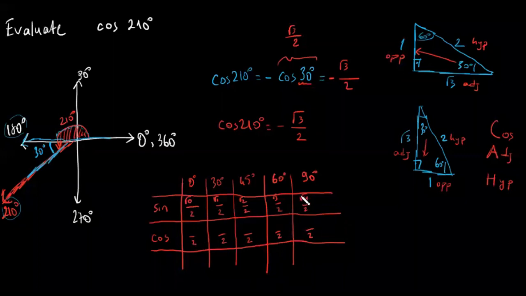For cosine, we will go back. Root 4, root 3, root 2, root 1, root 0. So these are the values.